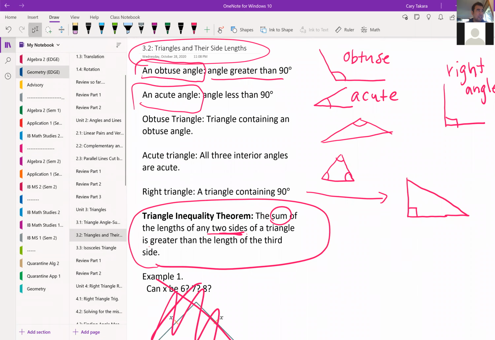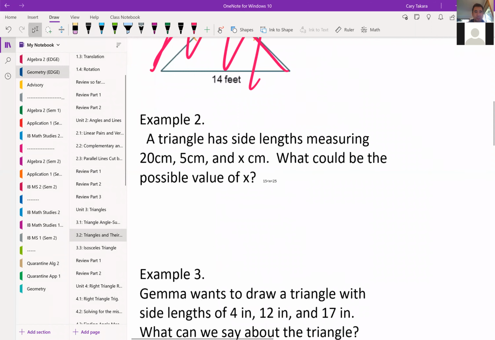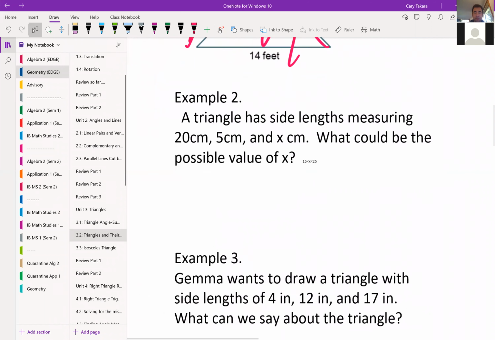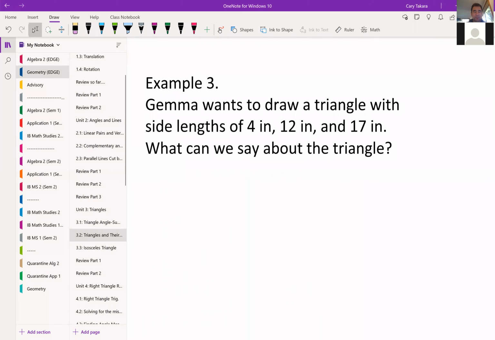You have to just say, I need time. Just send the direct message to me and I'll wait for you. Okay, is everybody good? So let's move on. So here's example number 2. Actually, you know what? Let's do example 3 first, okay?